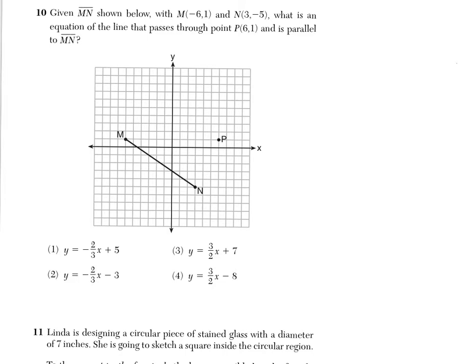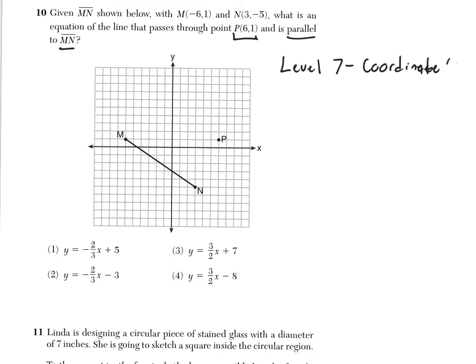Given MN below with M at negative 6, 1 and N at 3, negative 6, what is the equation of the line that passes through P, which is 6, 1, and is parallel to MN? Easy. This is from level 7, coordinate geometry.